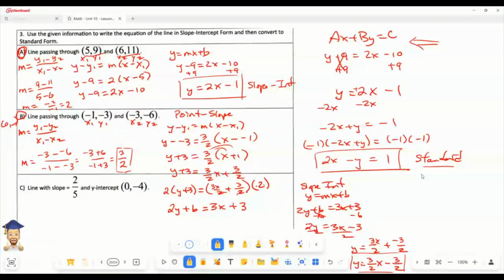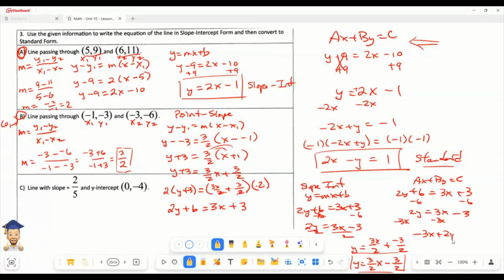For standard form, we have 2y plus 6 equals 3x plus 3. This has to go over there. This has to go over there. Subtract 6, subtract 6. 2y equals 3x minus 3. Subtract 3x, subtract 3x.